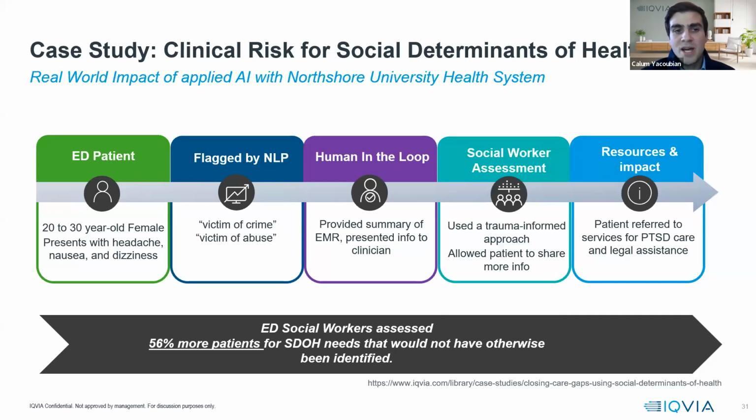But what's much more impactful in this case study is actually the patient level impact that's shown. So the workflow here is that patients present to the ED at North Shore, their medical record has been pre-processed through the NLP, and anyone who has a social needs risk factor flagged from a prior admission is shown and triaged to the social care team, who then review in the human assisted review type workflow that you'll see from Celeste, whether or not they agree the patient has that risk factor, and if they do, they then see that patient, take a history and implement something that can impact.